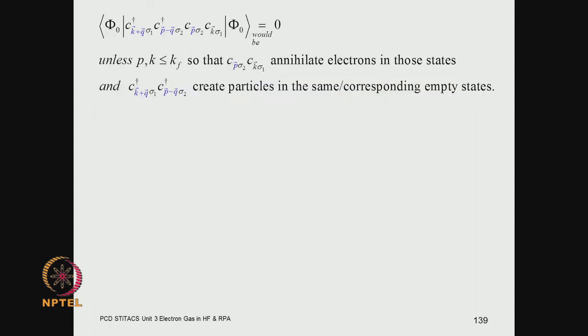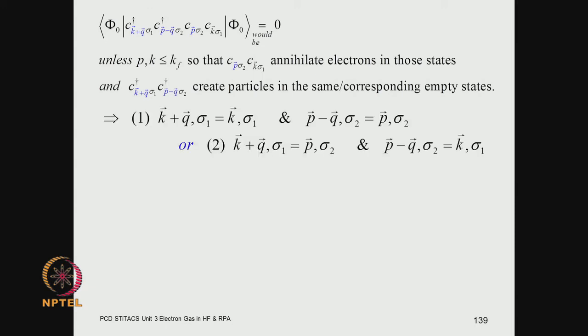Okay? So, let us recognize that there are two possibilities now. One possibility is that this k+q, σ1 is the same as k, σ1, because then you destroy a particle in the kth state and create one in the k+qth state. The other possibility is that k+q creates where the particle c_p has been destroyed.